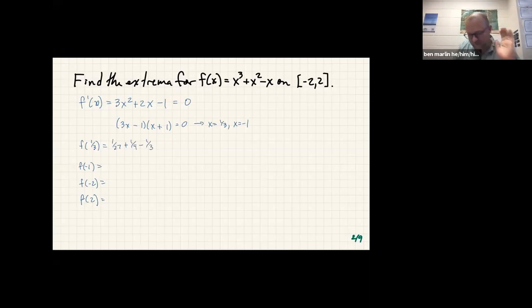So the least common denominator is 27ths, and you'd have 1 plus 3 is 4, so minus 5/27ths. F of -1, you would have -1 plus 1 minus a -1, so you end up with 1.